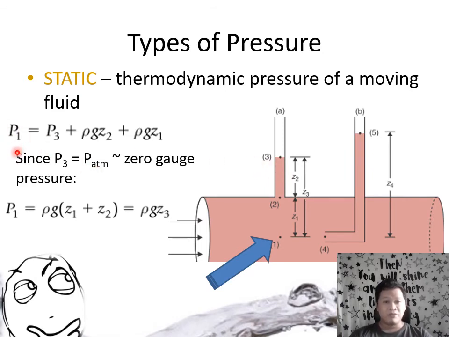So if you take this one for example, static pressure, the pressure at point 1 is equal to the pressure at point 3, which is equal to the atmospheric pressure, plus the pressure of the column of fluid above it, so yung Z1 plus Z2.